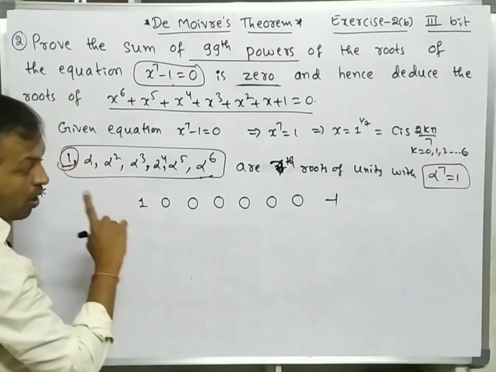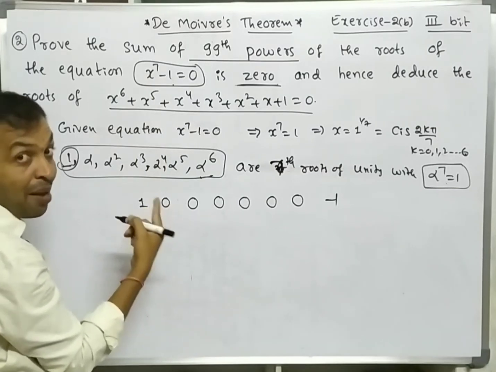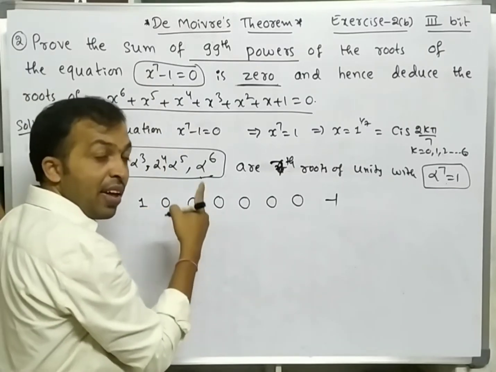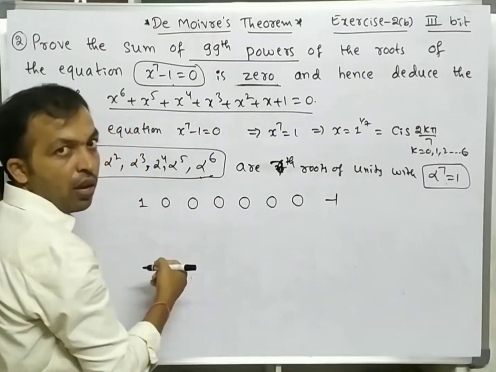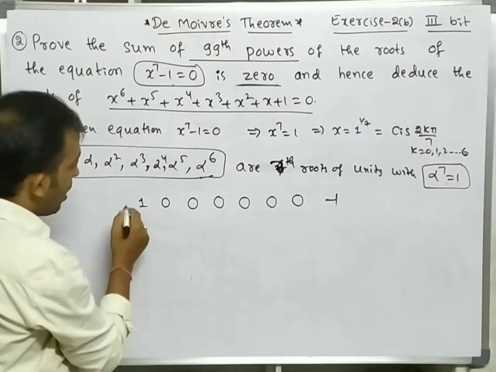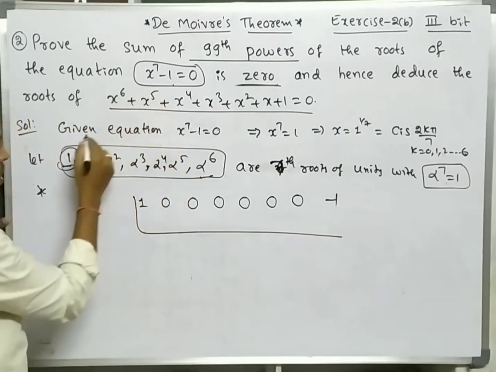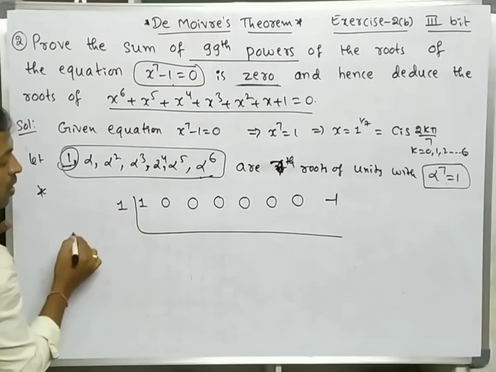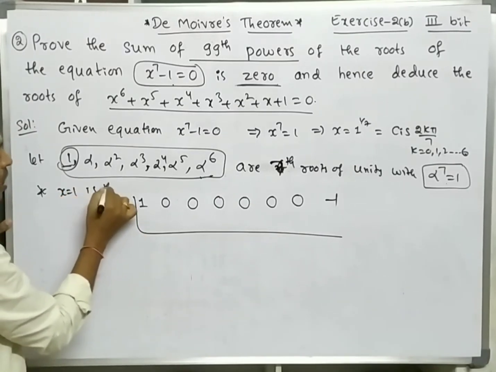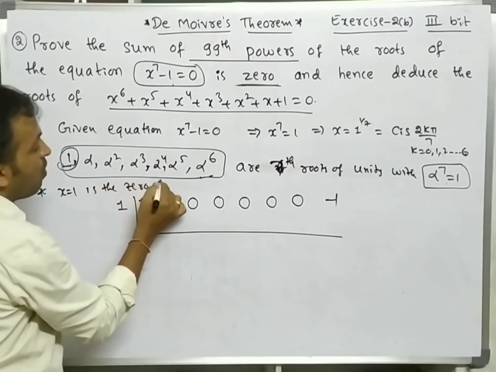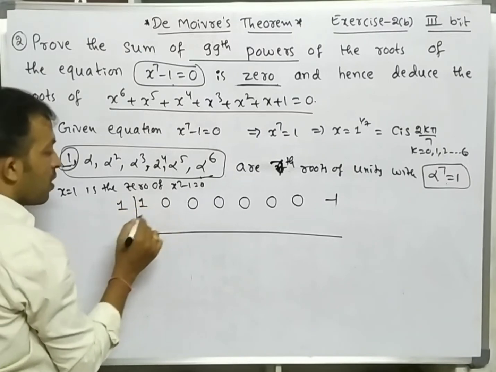So we should write the coefficients. X power 7 coefficient 1, x power 6 absent, therefore 0, x power 5 coefficient 0, x power 4 coefficient 0, written in order. If a term is absent, write 0 as the coefficient, right? Now as 1 is the root, divide with 1. So x is equal to 1 is the zero of x power 7 minus 1 equal to 0, therefore divide with 1.